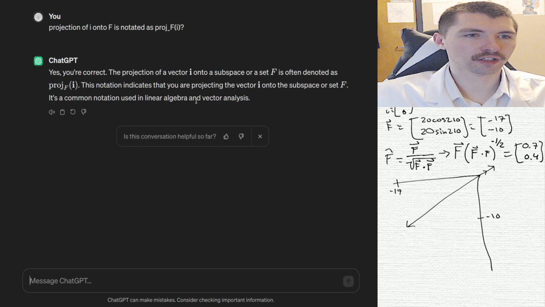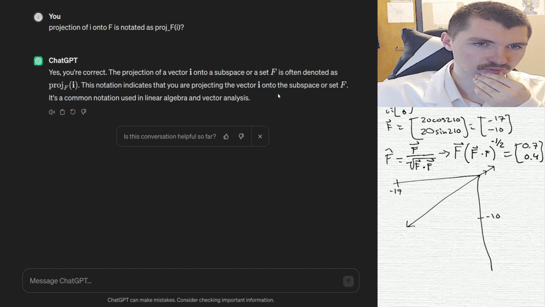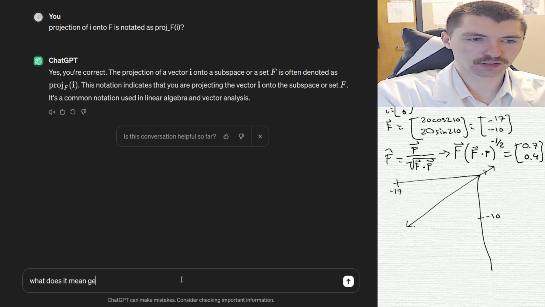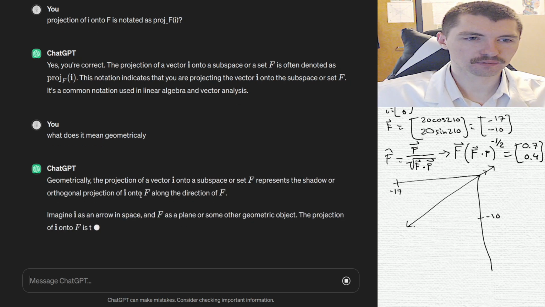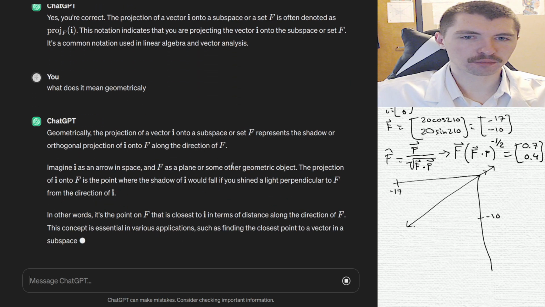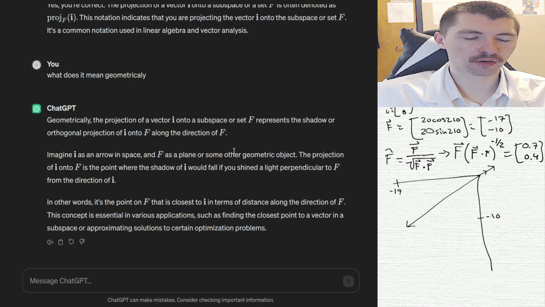Projection I onto F. We're projecting the vector I onto the subspace or set F. What does it mean geometrically? It represents a shadow or orthogonal projection.